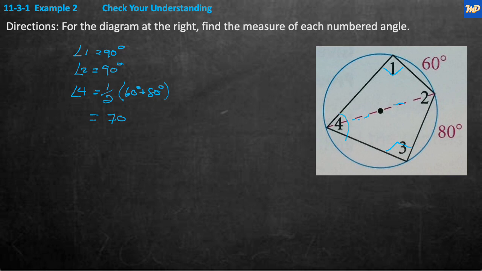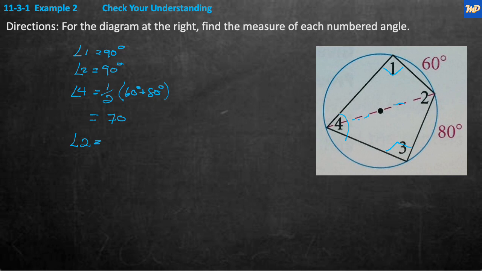And by Corollary 3, we know that, so angle 2 now, angle 2 is equal to what? Corollary 3 says that for a quadrilateral inscribed inside of a circle, opposite angles of the quadrilateral are supplementary. Well, we know that 1 and 3 are 90 degrees each, so there's 180 degrees. And we know that 4 is 70, right? We can do the subtraction.